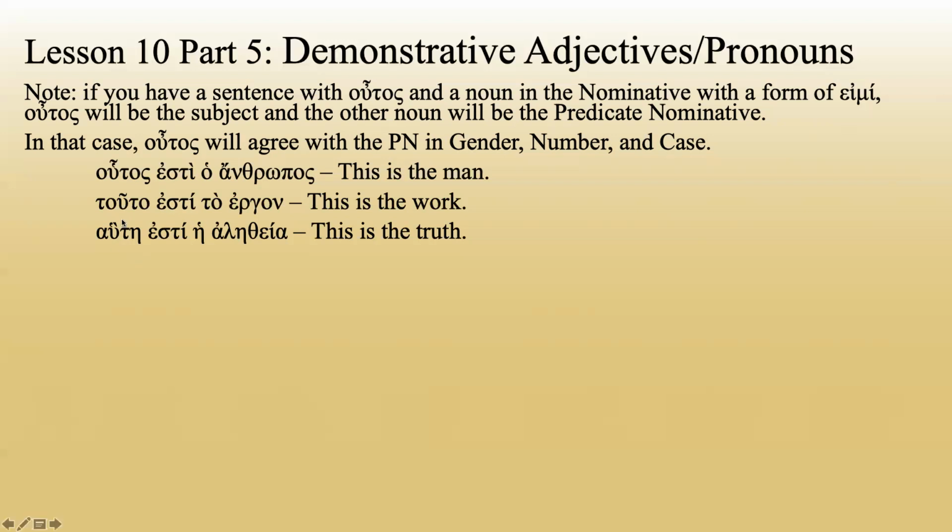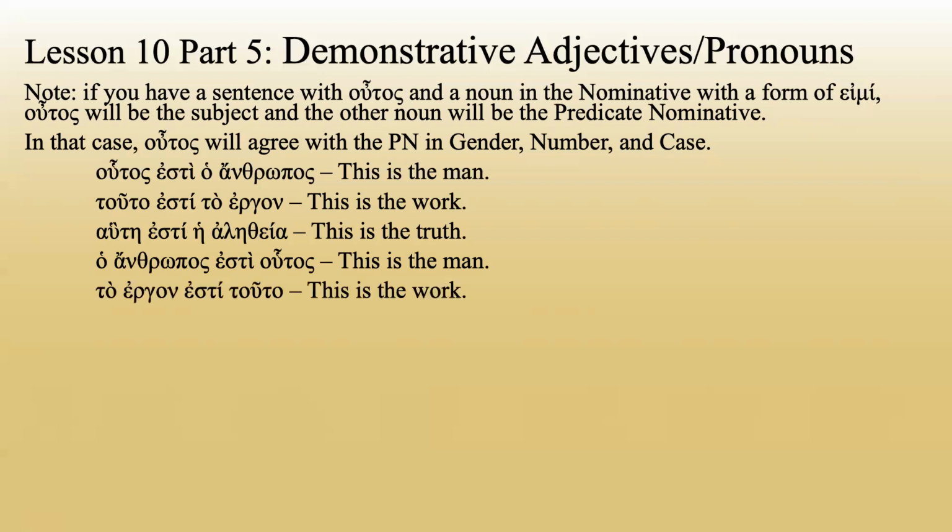This is the truth. It's a pronoun, so it has to be the subject. That leaves our noun for the predicate nominative. It's feminine singular nominative. This is feminine singular nominative. Ho anthropos esti houtos. Doesn't matter that it comes at the end, it's still the subject because it's the pronoun. Same thing here, even though they're at the end, they're still the subjects because they're pronouns.